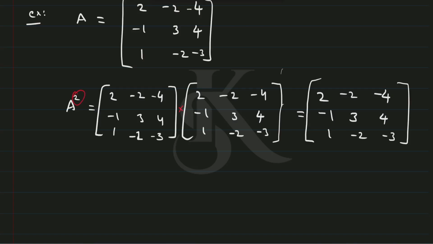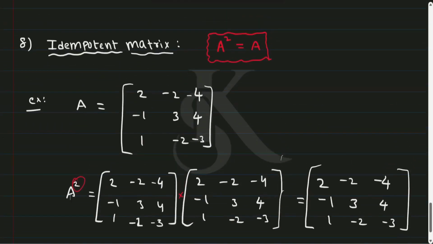I am not finding the full answer here, just giving it for the sake of example. I don't know whether it is right or not, but I tried it. Yes, this is the idempotent matrix.